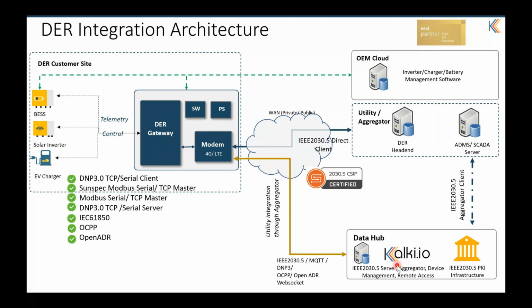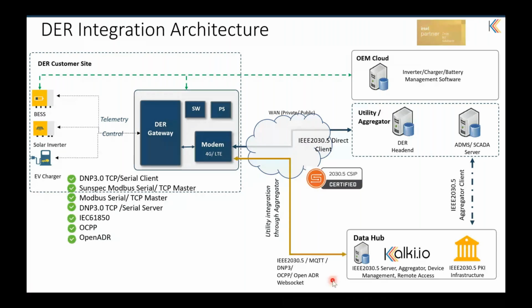In addition to this, the aggregator software can also act as an NMS device management software. It does the management of the gateways and the other equipment out there in the field, like configuration of the gateways, modems, etc. It can do the firmware management of the devices.